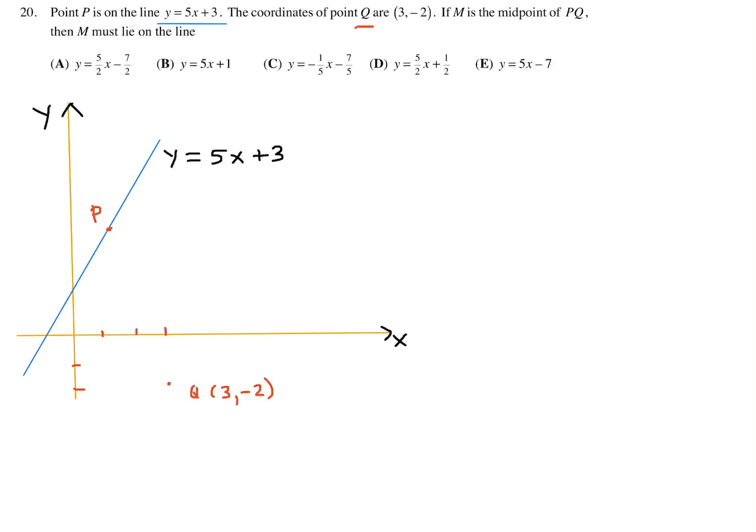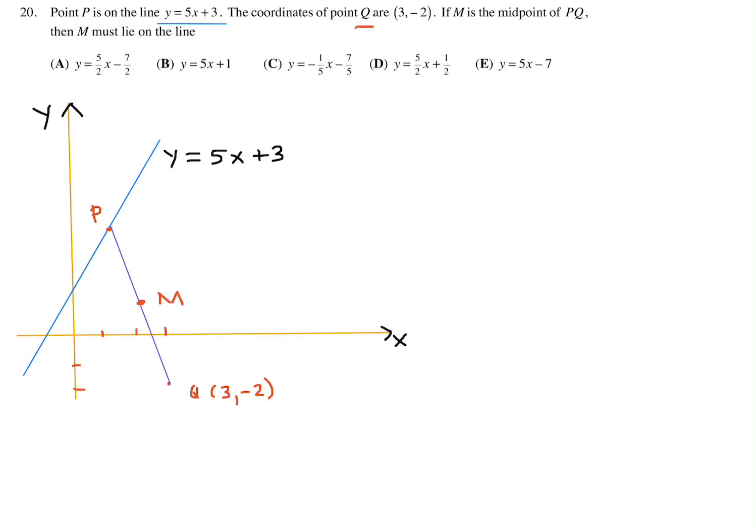And then we are drawing a line between P and Q. So we're going to draw a line like that. And the midpoint of this line is M. So the midpoint is approximately here, let's say. Right there. And that's M. Now they're asking M must lie on the line. So I guess what they're saying is this line has what type of equation? And they've given you 5 answer choices.